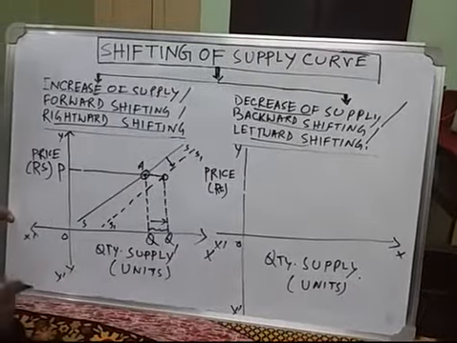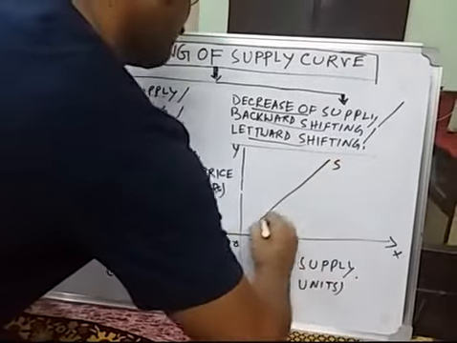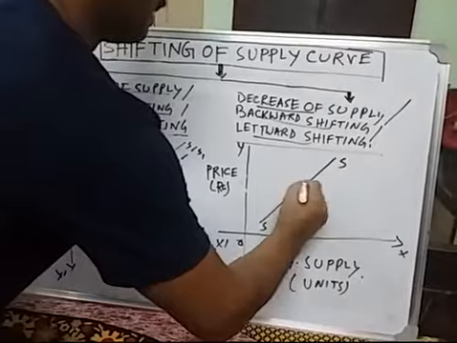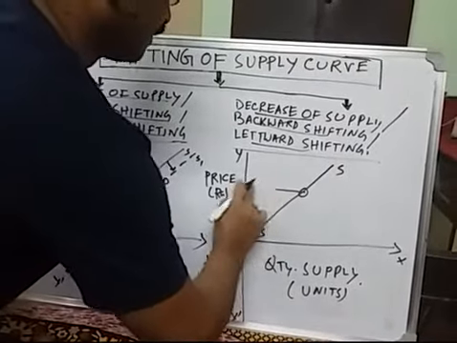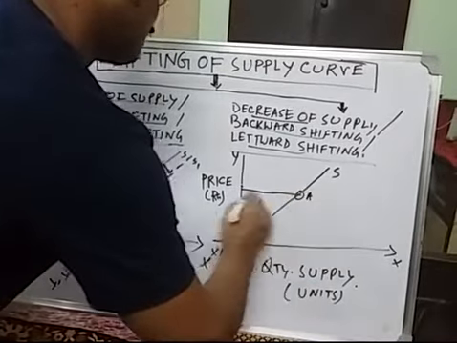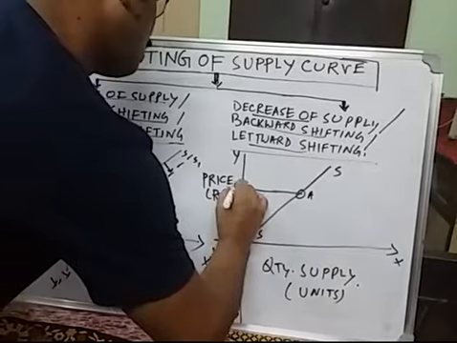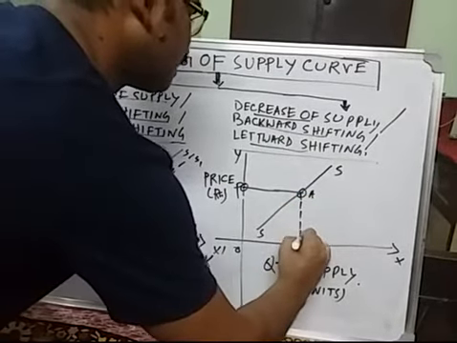Clear? Again you draw a supply curve. So here S is the supply curve. Take point A. When the price is OP, then the quantity supply is OQ.